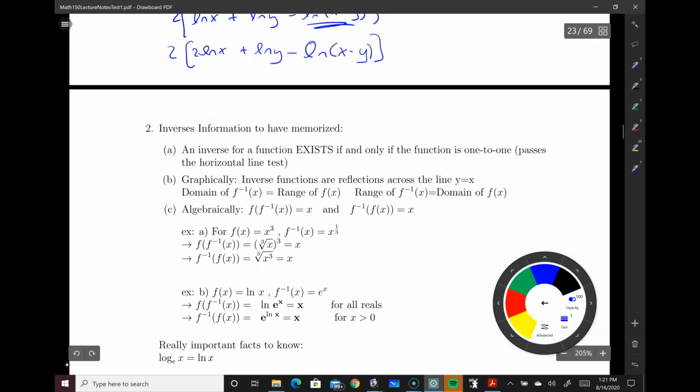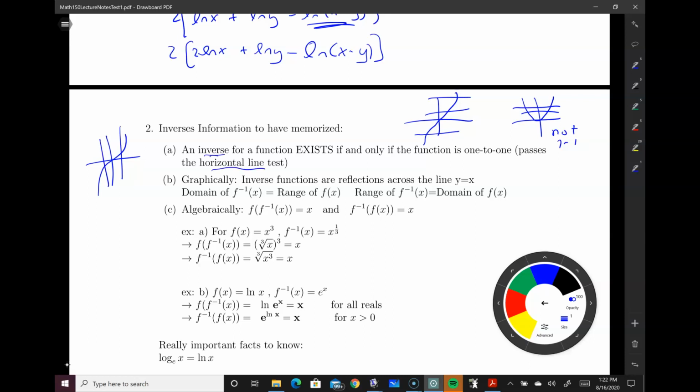All right, so let's talk about these inverses. So when does an inverse exist? If it's 1-to-1, so like a graph like y equals x cubed is 1-to-1 because it passes the horizontal line test, whereas a graph of y equals x squared is not 1-to-1 because it does not pass through only one point on the horizontal line test. Remember, vertical line test is to be a function, right? Horizontal line test is to have an inverse.